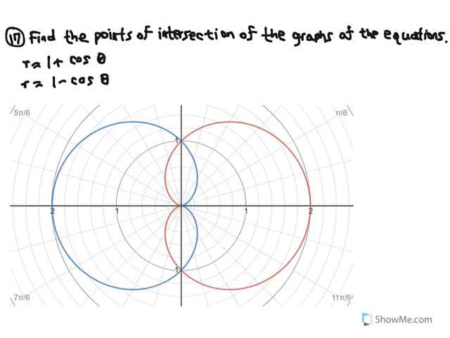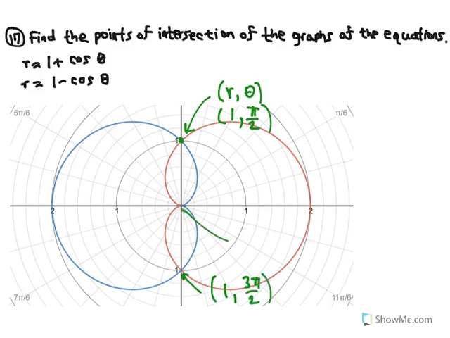When you look at the graphs of the two polar equations, you can see 3 points of intersection. So we have one here with polar coordinates r theta, where r is 1 and theta is pi over 2. We have one here with polar coordinates r theta, where r is 1 and theta is 3 pi over 2.